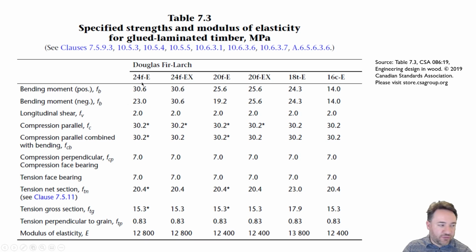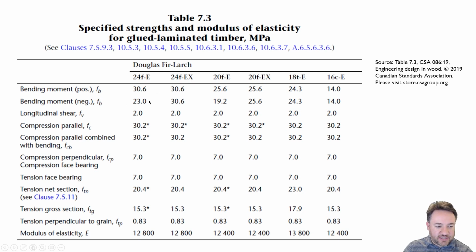So you see here 24F-E. It's not EX because it has only a strong ply on the bottom face, the tension side face, which has a stronger strength for positive bending and a weaker strength for negative bending.